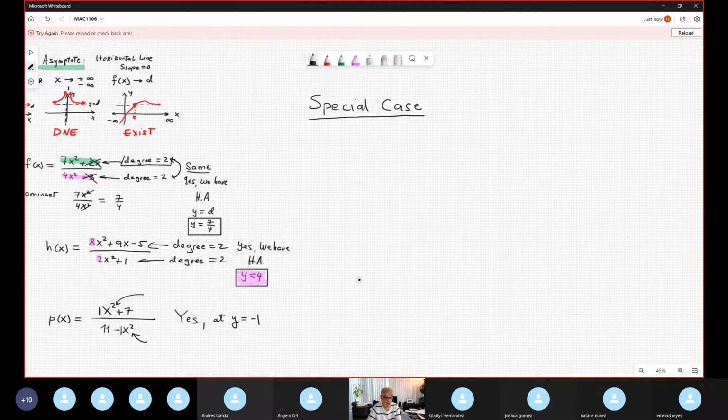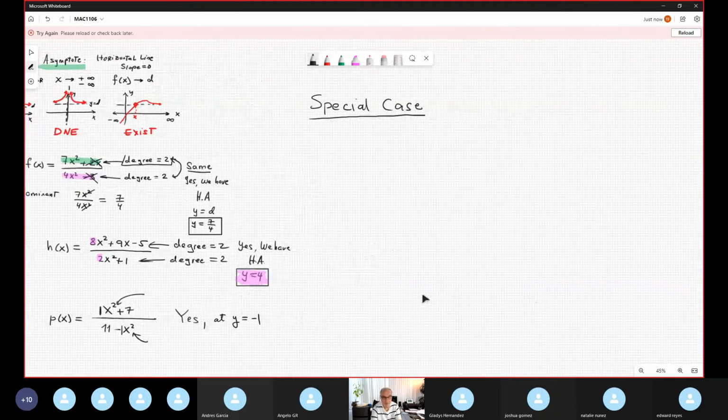Okay, suppose this example. Example 4. Suppose the function that I want to call h is 5 over 4x squared plus 9.